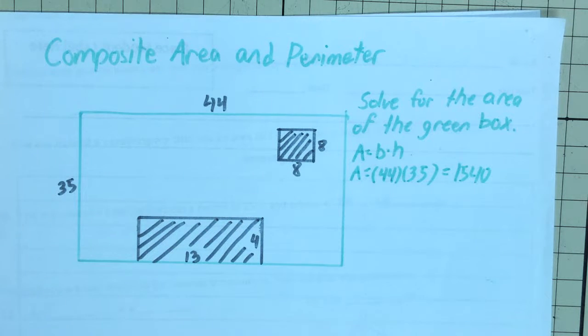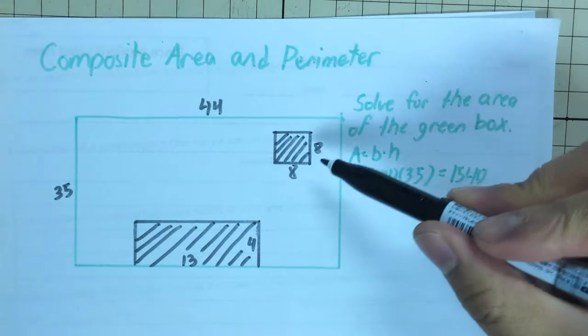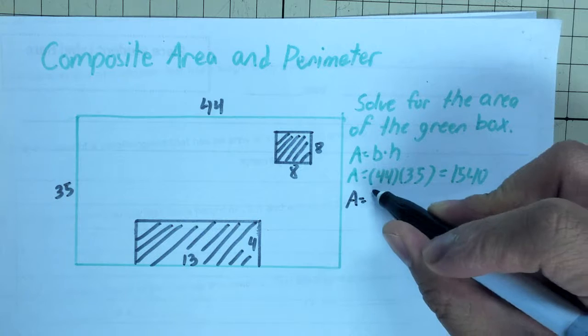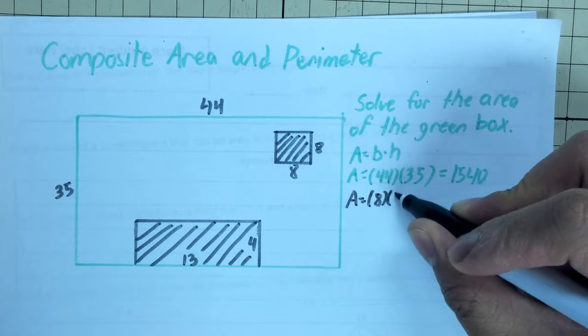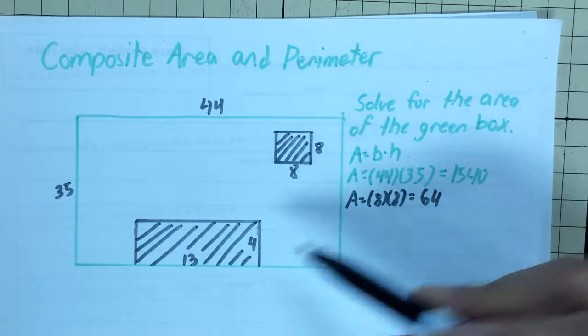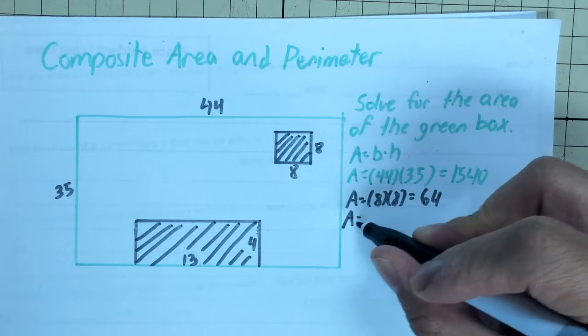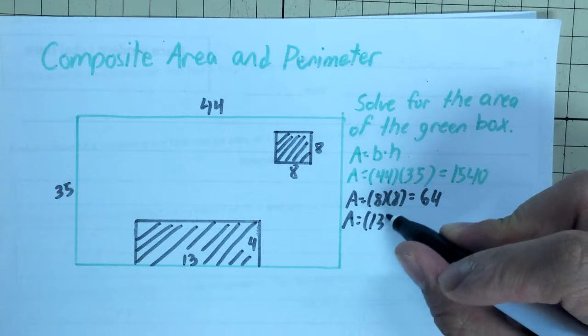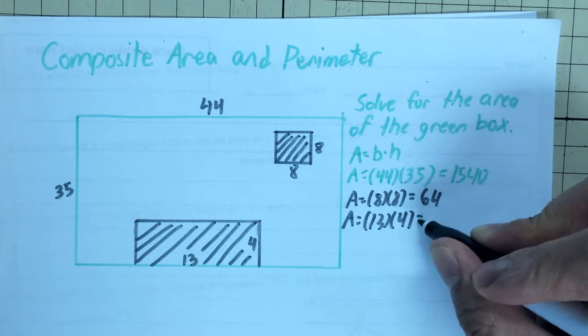Next, we can take a look at the areas of the two smaller boxes. This square over here, area of that square is 8 times 8, 64. And area of this rectangle is 13 times 4, 52.